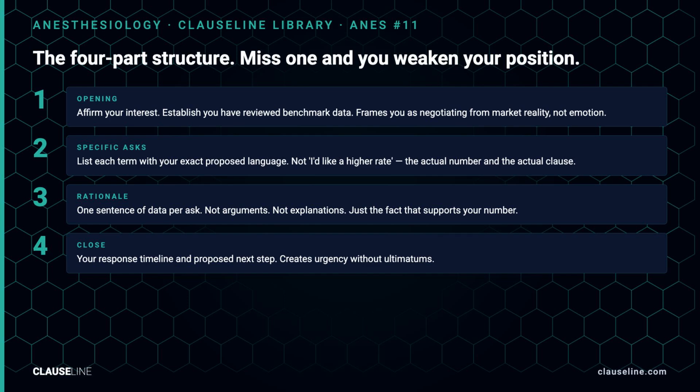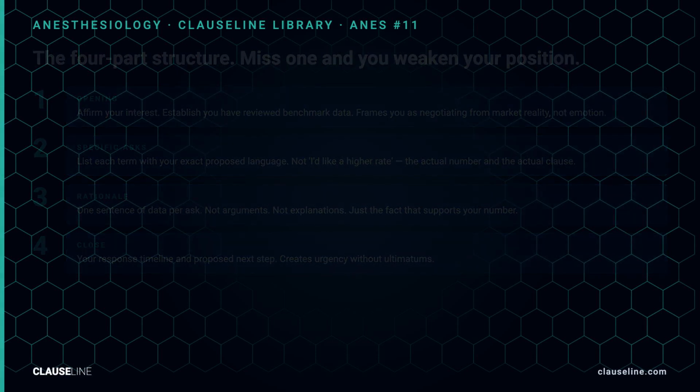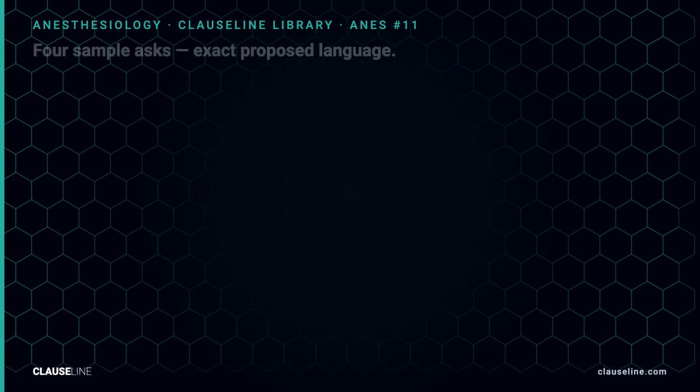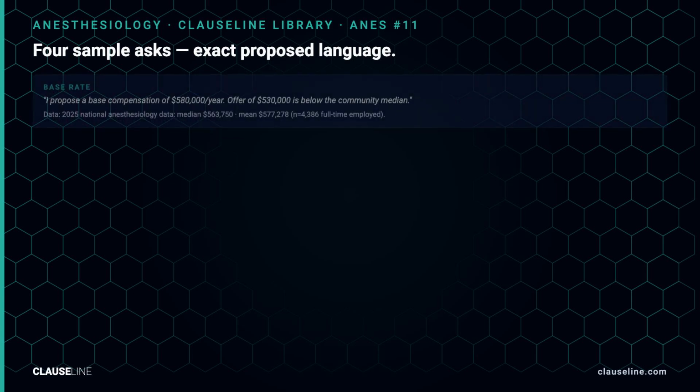I propose a base of $580,000 per year. 1 sentence rationale. 2025 national data places the anesthesiology median at $563,750 with a mean of $577,000. The $50,000 gap is $150,000 over 3 years.